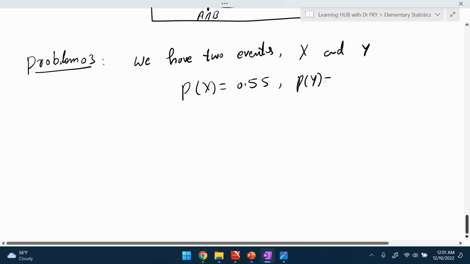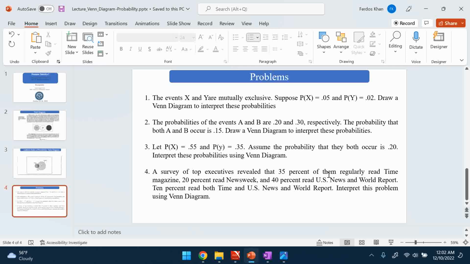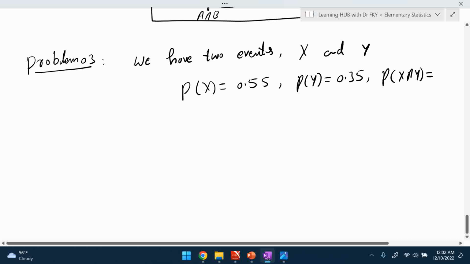Probability of Y is equal to 0.35. Probability of X and Y is equal to 0.20. So now I need to draw a diagram.